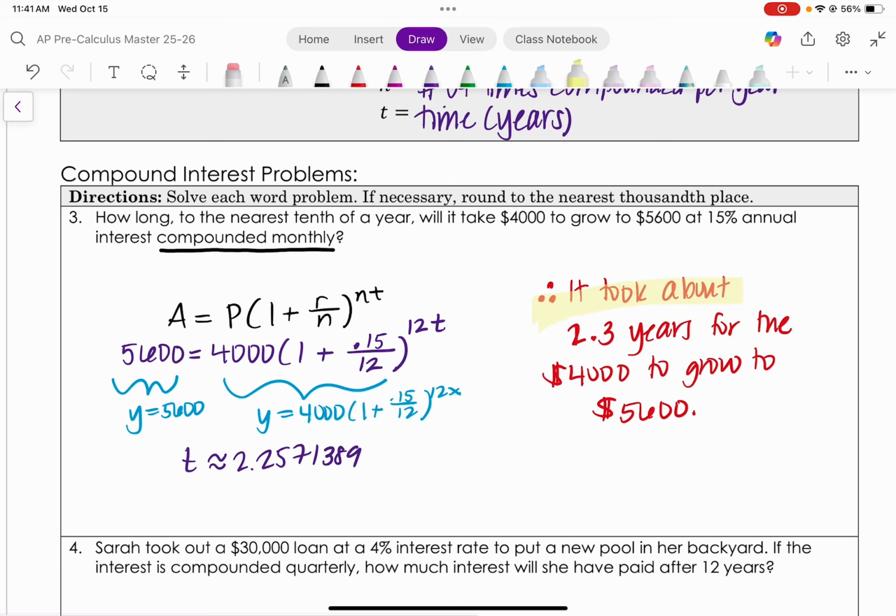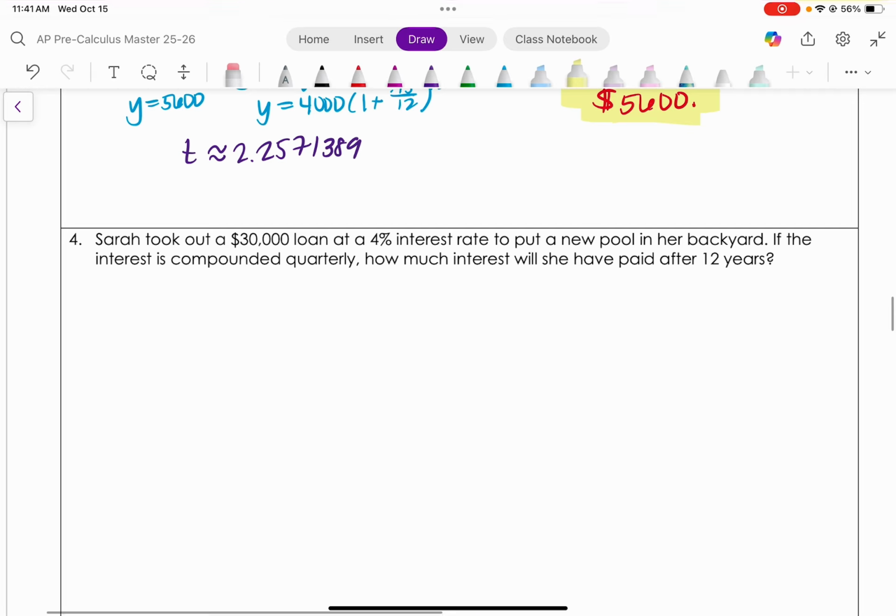And that's your answer. If you're looking for a letter that's in the exponent, you will have to use Desmos or your graphing calculator to find that value for now. Eventually, I will teach you how you can find that without it. So let's try one more.